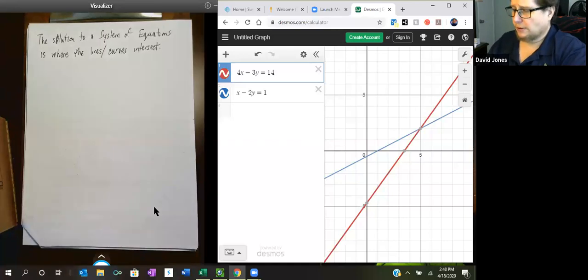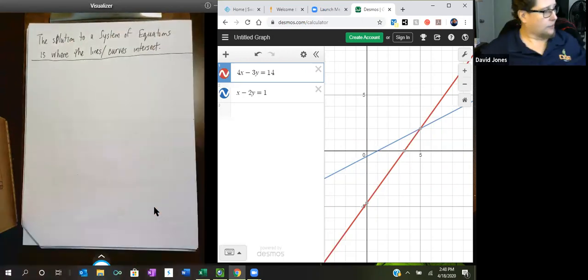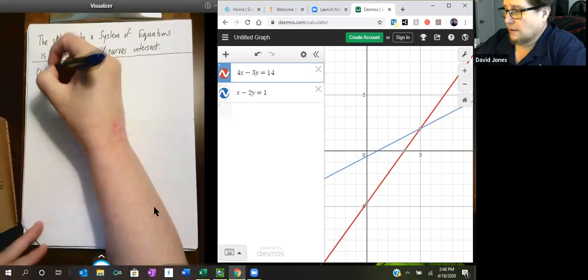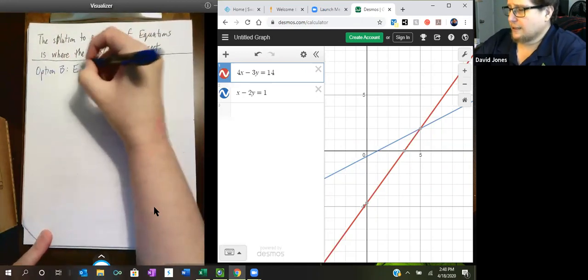Let's take a look at an alternative method. Option 2 or option B. I think I used A on the first one. Yeah, I used A. So let's call this option B. This is called the elimination method.